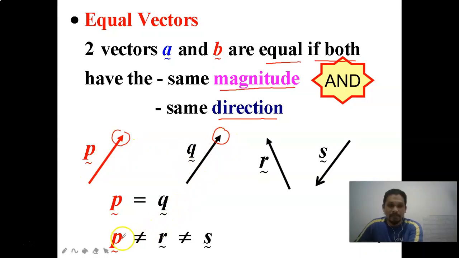But for P, R, and S, you can see that R has a different direction. P and S might have the same magnitude, but they have a different direction, opposite to P. So P, R, and S are not equal at all.